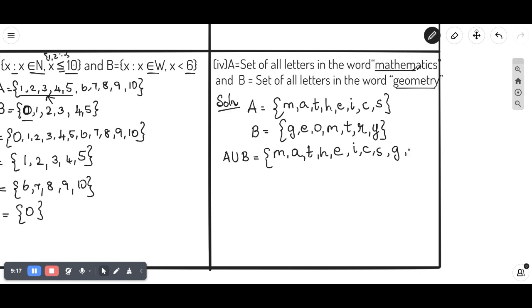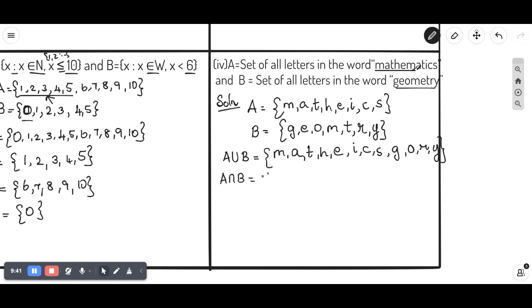G is not there, E is there, O is not there, M is there, T is there, R is not there, and Y is not there. So these are the elements of A union B. If you want, you can write it in ascending or alphabetical order also, but it's okay. You can leave it as it is. Just list out all the elements.